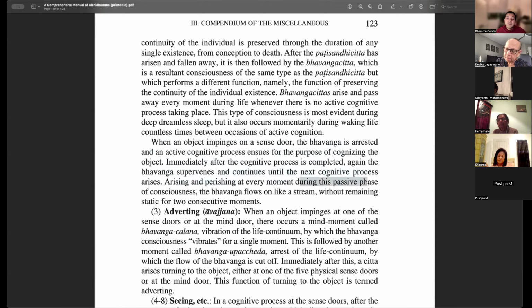During this passive phase of consciousness, the bhavanga flows on like a stream without remaining static for two consecutive moments. So it flows continuously, connecting mind after mind. The bhavanga process. Any questions?